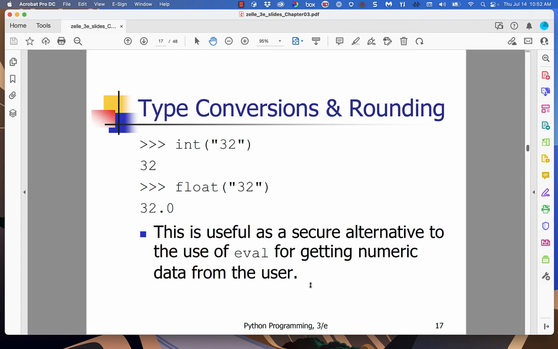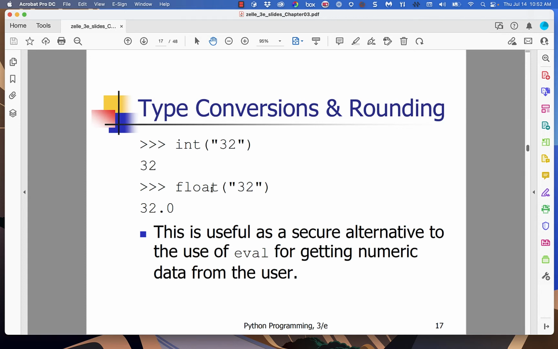One of the nice things about eval was if the user typed in a 32 and we evaled that, well, we would get an int 32. If the user typed in 32.0 and we evaled that, we would get a float 32. And that would be kind of nice. Unfortunately, eval is highly insecure and we're not going to allow ourselves to use it.